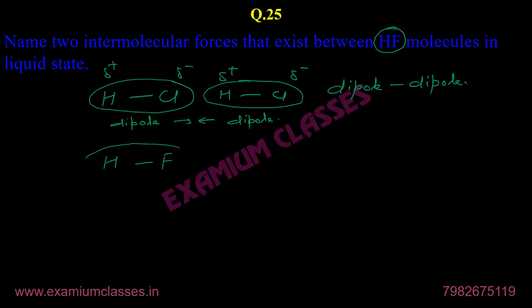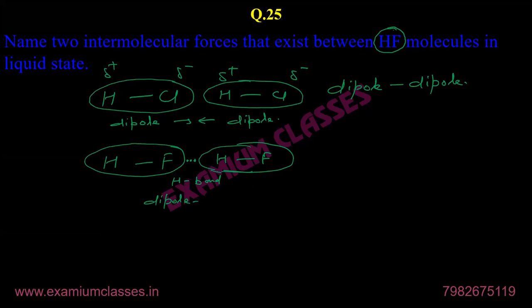But in case of HF, they are dipoles similar to HCl, but they have hydrogen bonding also, because between hydrogen and fluorine there can be hydrogen bonding. So this total force is a combination of the hydrogen bond as well as dipole-dipole interaction.